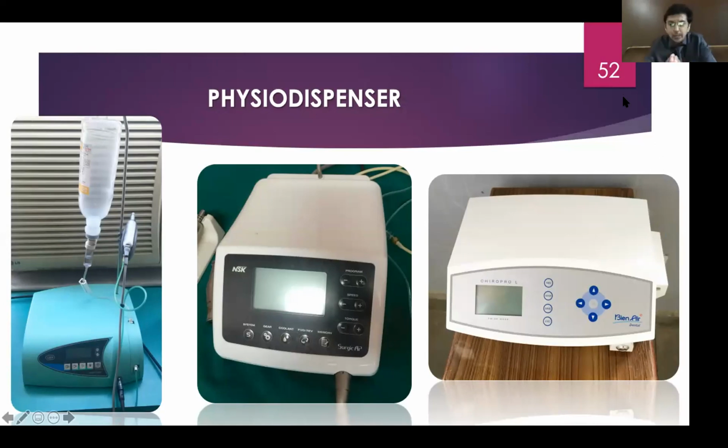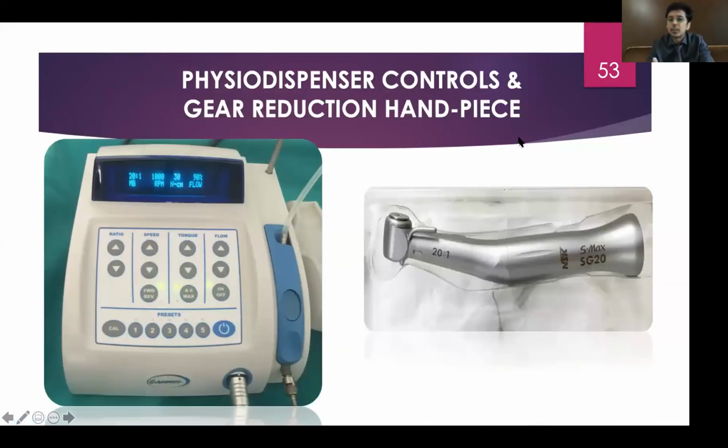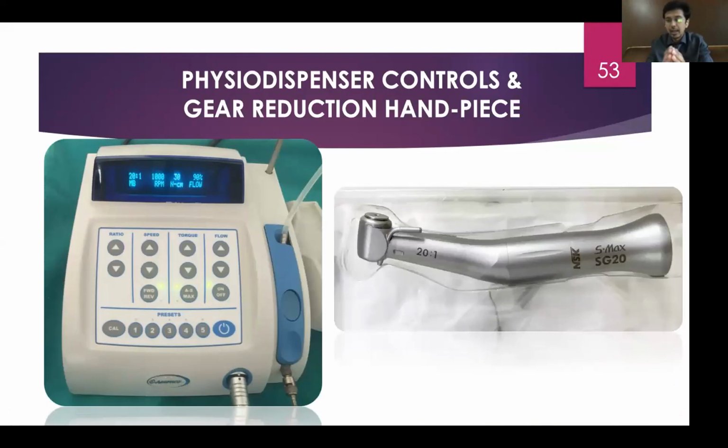No matter which physio dispenser you invest in, what you are paying for is something known as gear reduction. A gear reduction handpiece, which separately costs 25,000, comes with the physio dispenser.